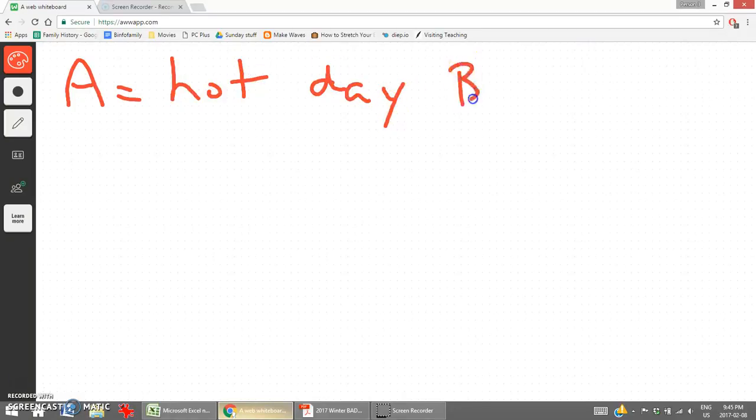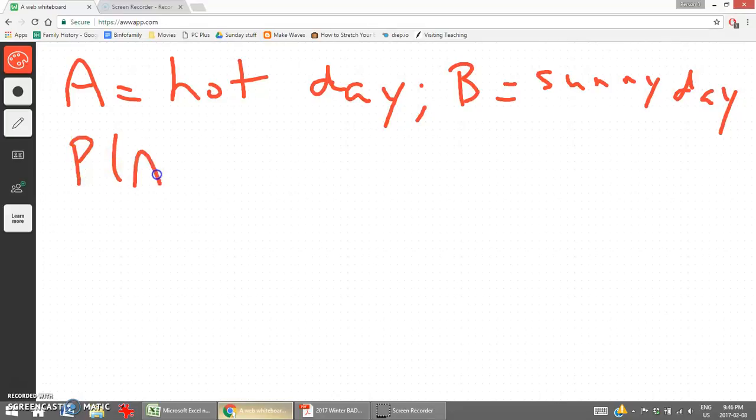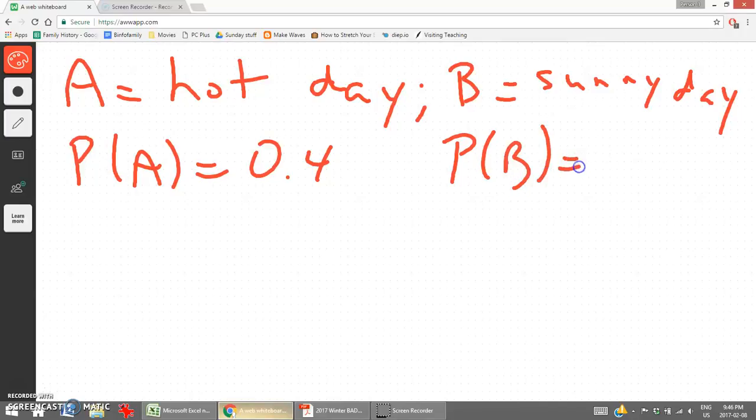So let's say that A represents a hot day, and B represents a sunny day. So let's assign probabilities. Let's say the probability of A equals 0.4 and the probability of B equals 0.5.